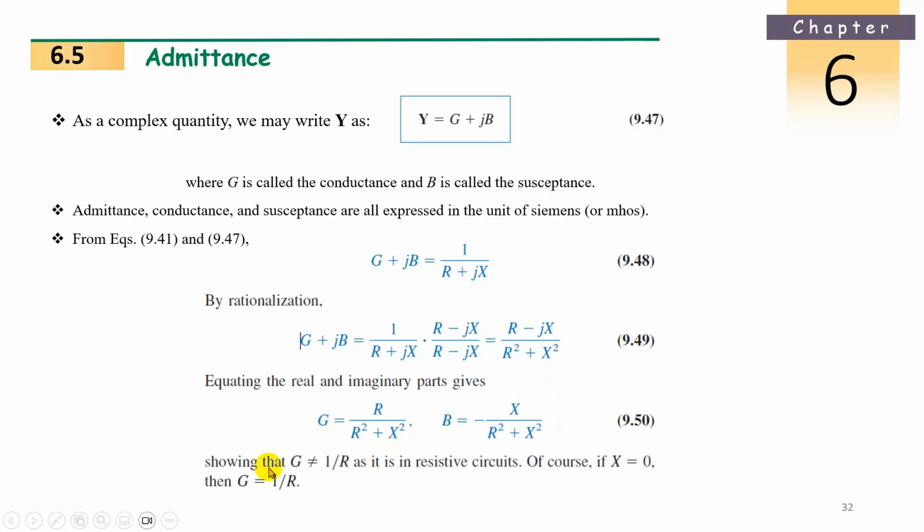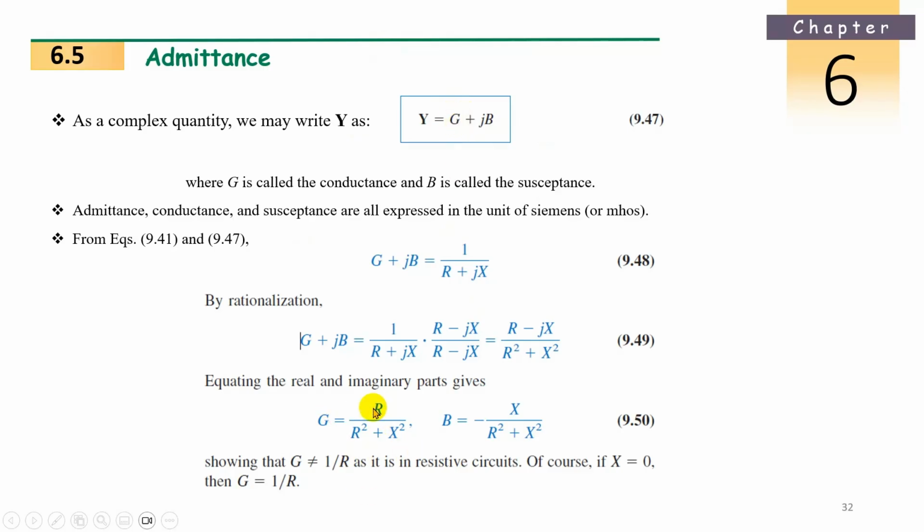So we can directly tell that conductance G is not equal to 1 by R as in the resistive circuit. Generally G in a resistive circuit with DC is 1 by R, but don't make the mistake: in AC circuits where reactance is there, inductance and capacitance, it is not directly 1 by R. You cannot substitute here.